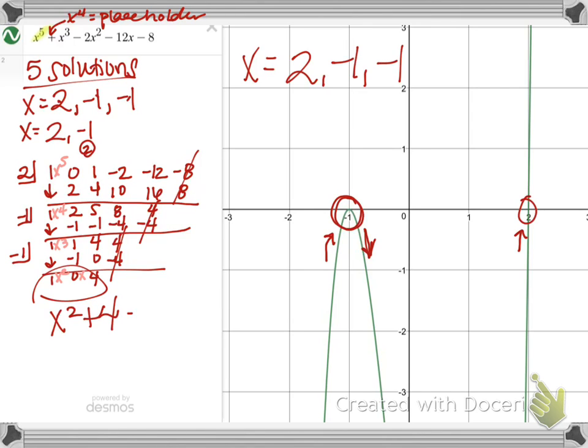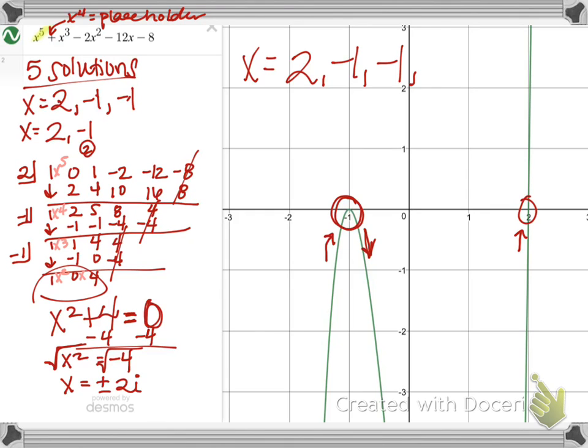So we have this, and to find our solutions, you must set it equal to 0. Please make sure you set it equal to 0. And we solve. Subtract 4. This gives me x squared equals -4. Take the square root of both sides. X equals positive or negative, because we took a square root of a variable, 2, because that's the square root of 4, i, because that is what we have to use when we have a negative underneath the radical.